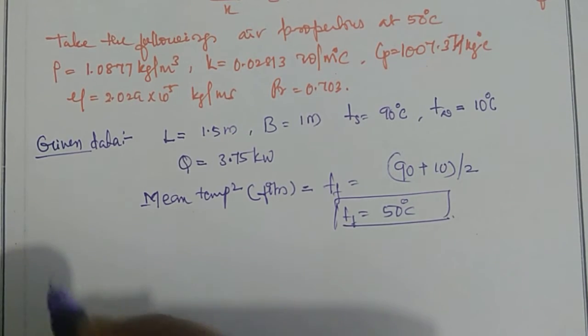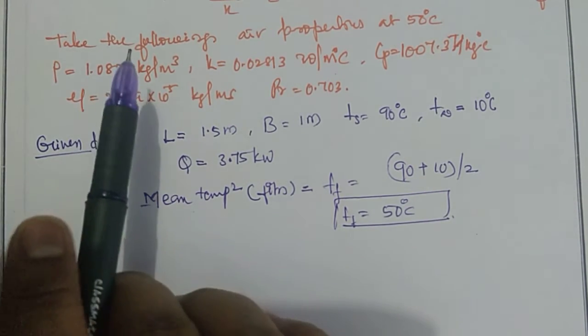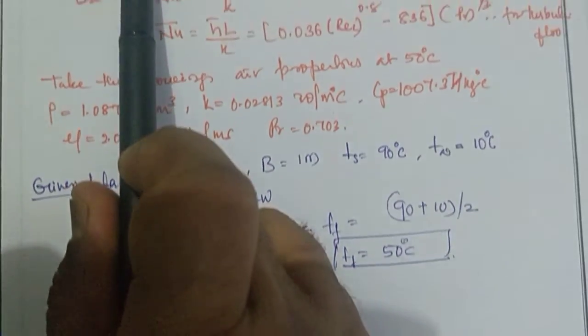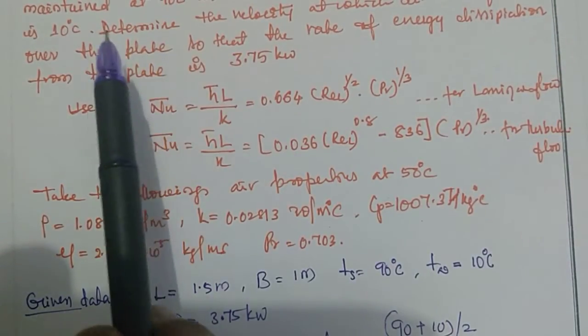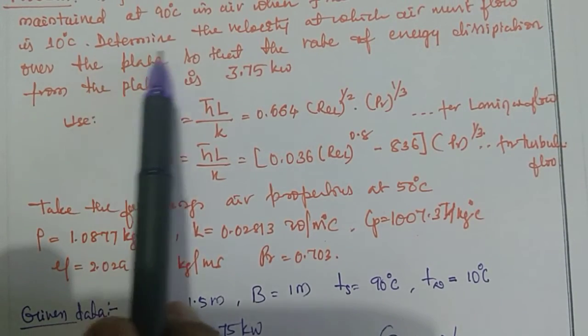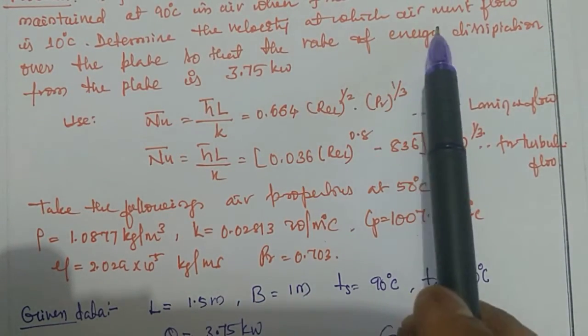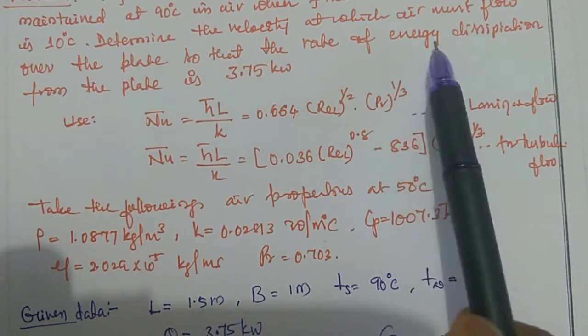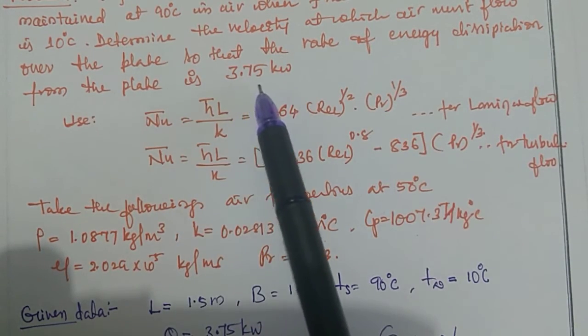Now first what they ask us to find out, determine the velocity at which air must flow over the plate so that the rate of energy dissipation from the plate is 3.75 kW.